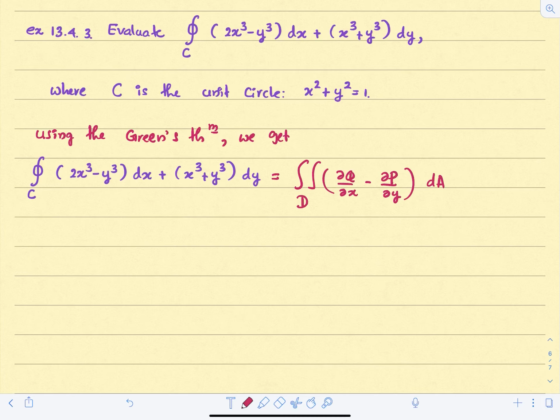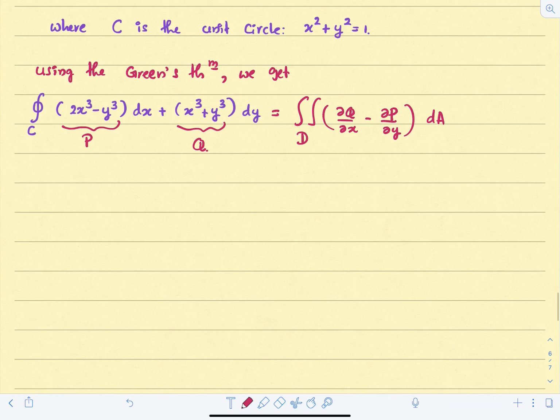And what is your P? P is the first part of the vector field, Q is the second part of the vector field.